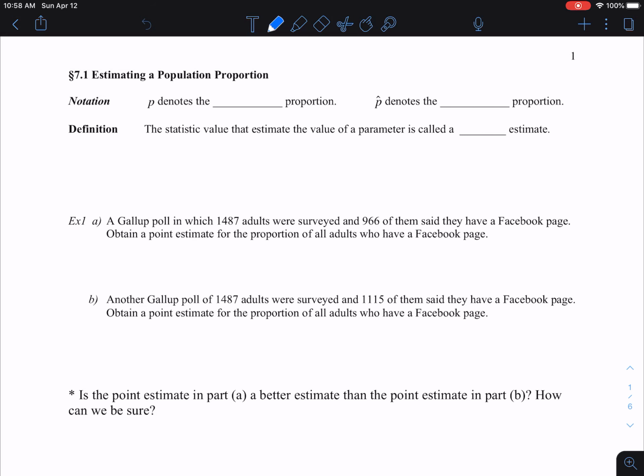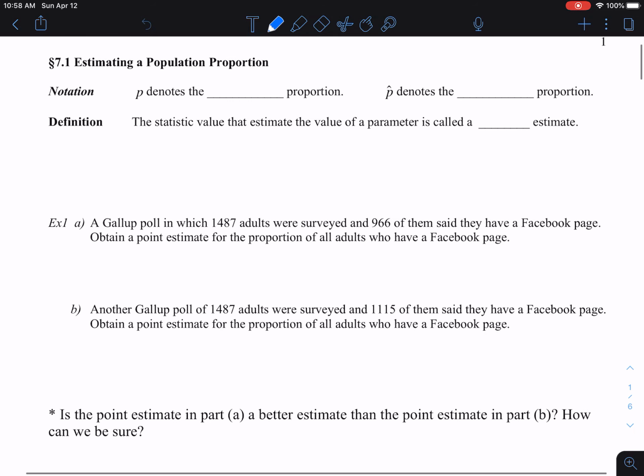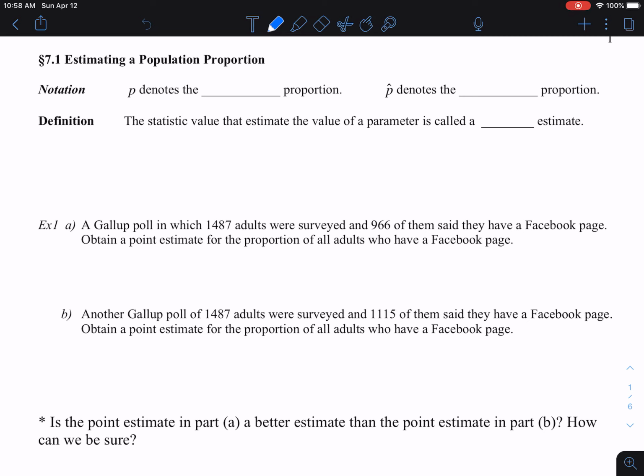But let's get to this. 7.1. So the title is Estimating a Population Proportion. There's a few notations we want to get out of the way before we dig into the concept and the example and some other stuff in this lesson. So the first notation we have is the value p. Up to this point, I think we know mu and x bar. In this case, I think this might be new.